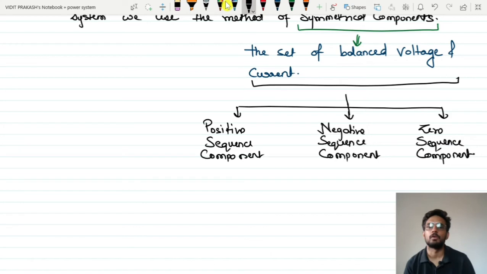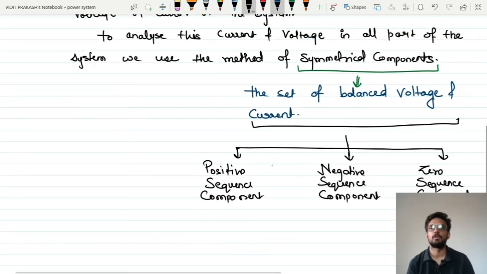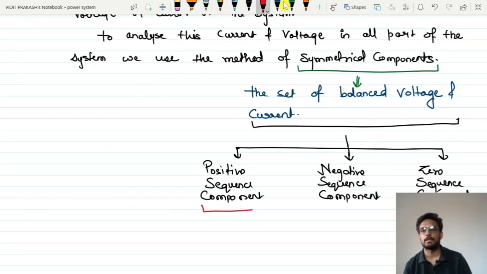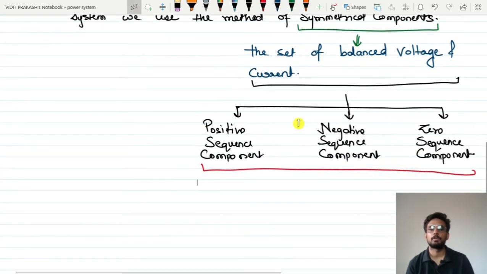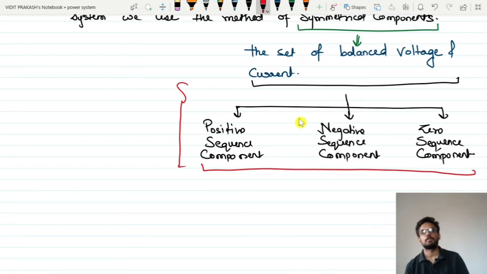Now this unbalanced voltage and current is transformed into three sets of balanced voltage and current, and with the help of these three balanced sets we will find the unbalanced voltage and current. Simple. You need to transform your unbalanced voltage and current into three sets of balanced voltage and current, that is positive sequence, negative sequence and zero sequence.